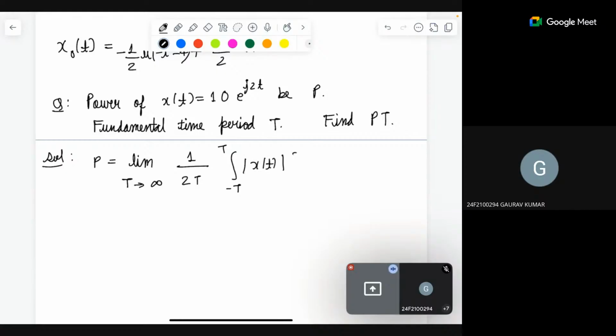I'm writing down the power formula here. If anyone gets the answer, please unmute and speak.